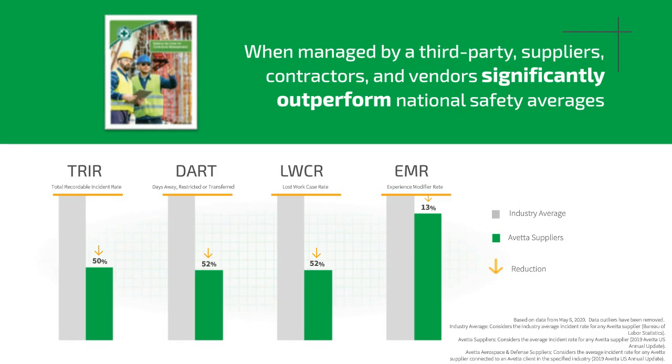Using OSHA data and, of course, experience mod rates from an insurance standpoint, the gray bars are the industry averages. For EMR, the gray bar would equate to 1. The green bars were the averages for those contractors and industries that had gone through the pre-qualification process for that third-party vendor.